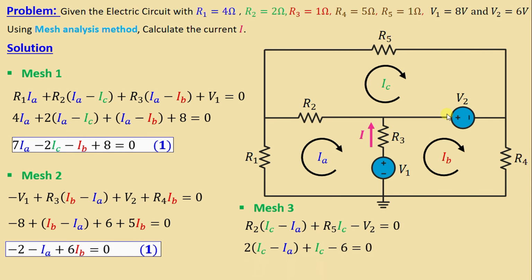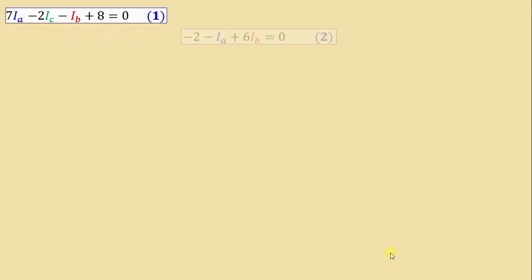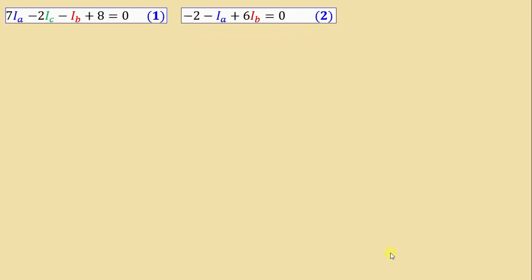By replacing now the resistors and voltage with their numerical values, we obtain 2(IC minus IA) plus IC minus 6 is equal to 0. Finally, we obtain negative 2IA plus 3IC minus 6 is equal to 0. Finally, we obtain three equations which are necessary to find IA, IB, and IC.